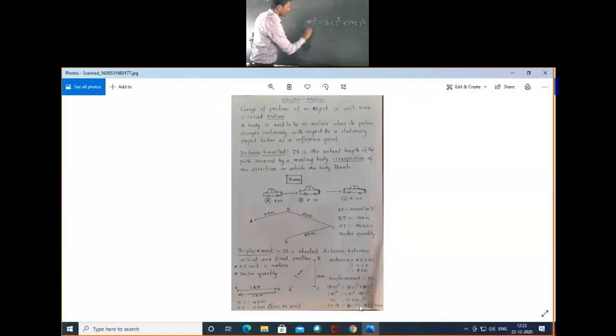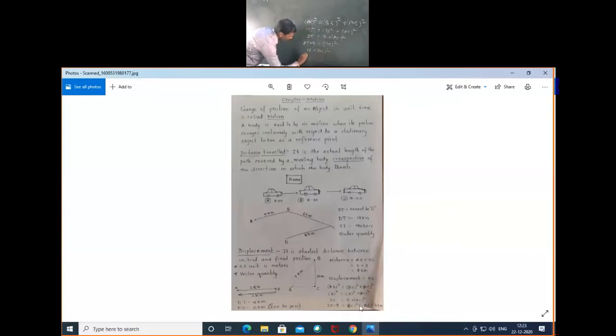So 5 square, 3 square plus AC square. This becomes 25, here 9 plus AC square. So 25 minus 9 is 16, equal to AC square.